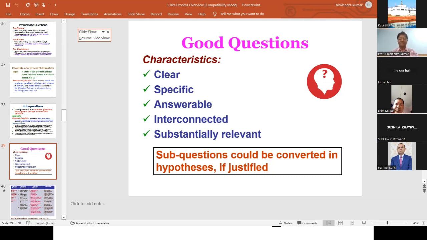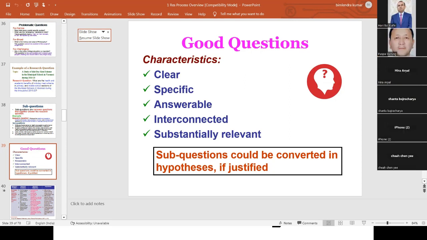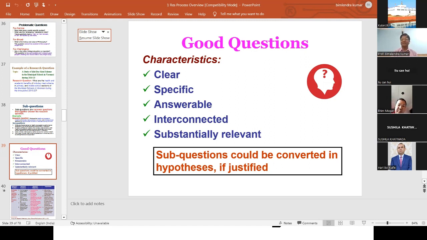So here the sub questions could be converted into hypothesis if justified. So based upon the research problem, a hypothesis, which is the present solution of the research problem, can be framed by the research scholar. So these are good questions. They must have these characteristics.